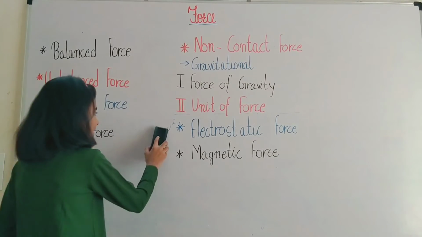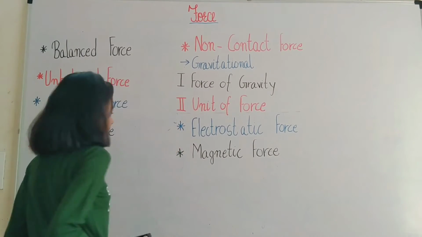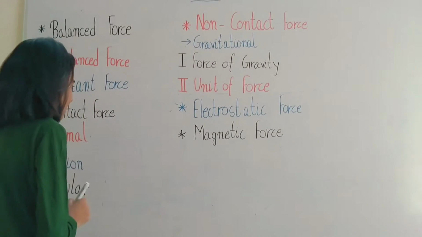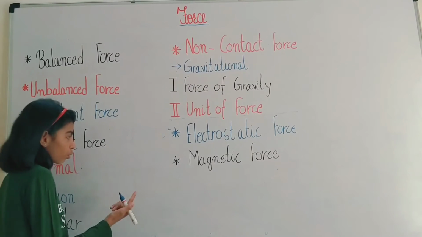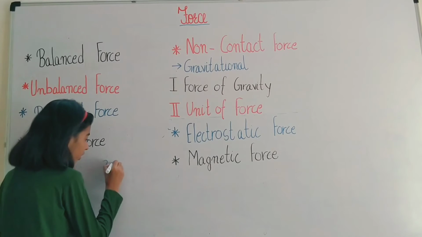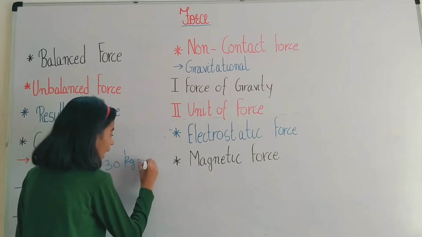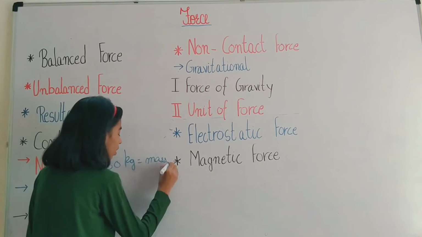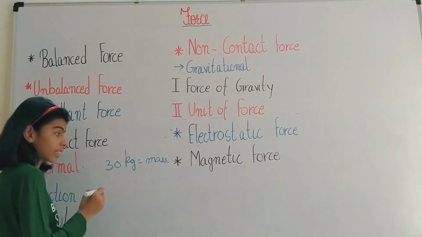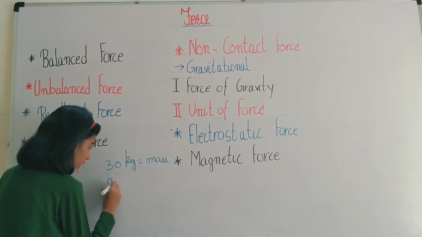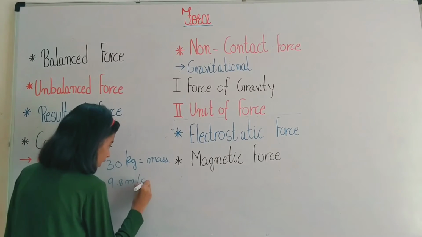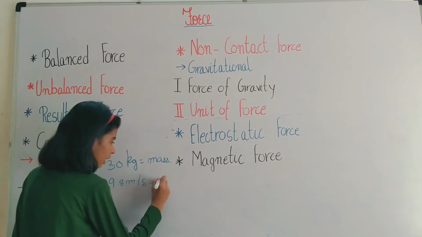So now let's solve some questions. The next question is that we have 30 kg of mass, and the acceleration due to gravity is 9.8 meter per second square, and we can assume it as 10.